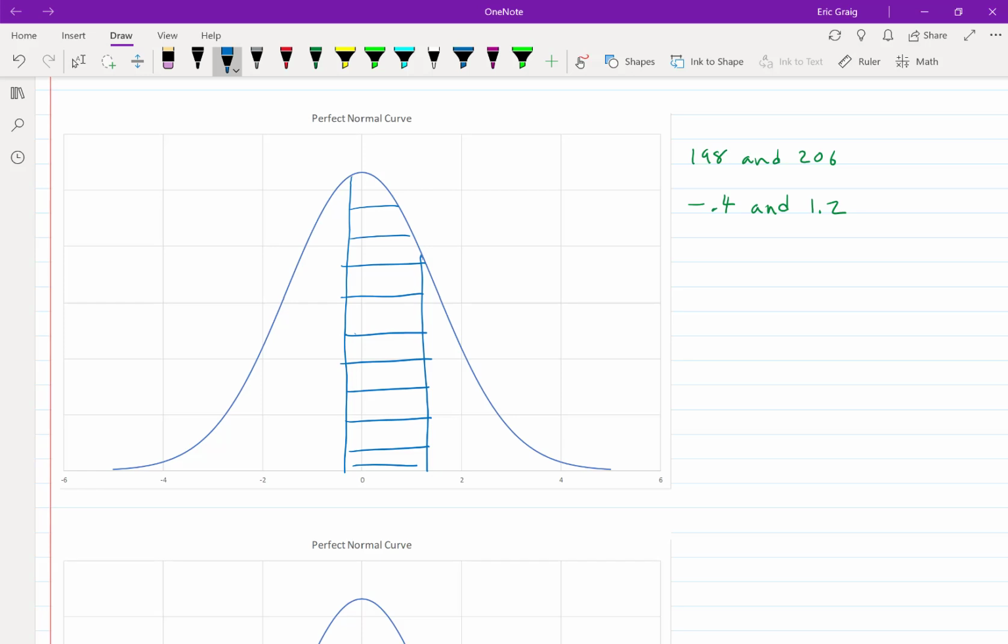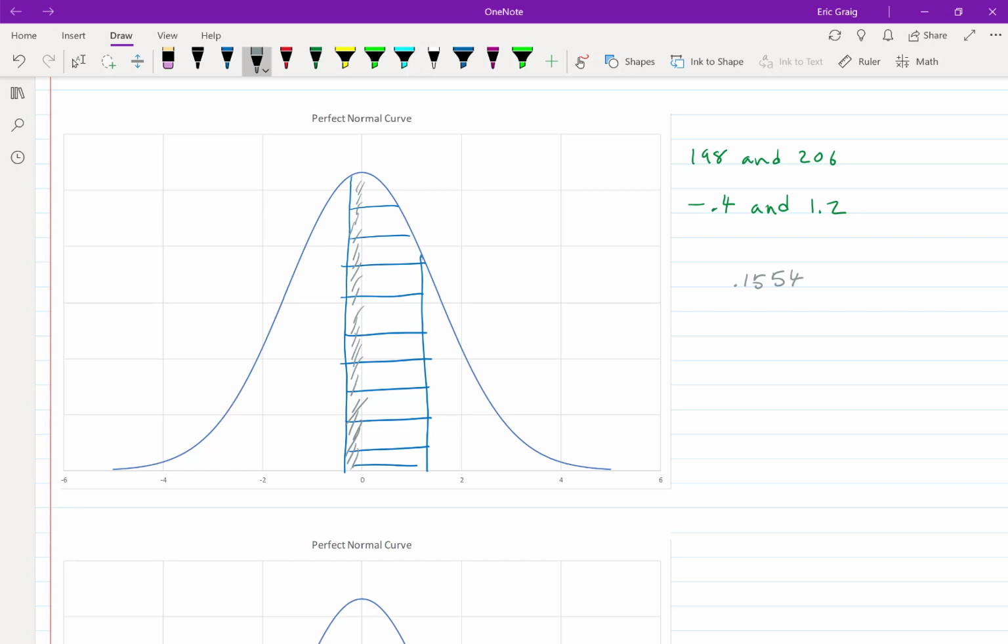Now we can use column B instead of column A. And we'll go back to our table, and we'll look up the value between the mean and a z-score of negative 0.4. And looking now in column B, we find out that this area in here, I'll shade it in gray, is equal to 0.1554.